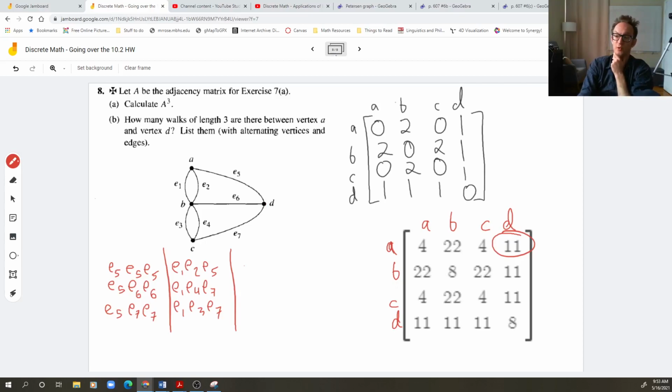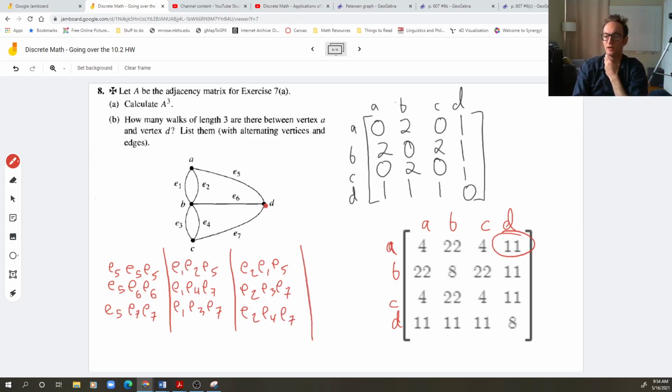Well, I can repeat that all over again, right? I can do E2, E1, E5, or I can do E2, E3, E7, or I can do E2, E4, E7. But there are apparently 2 more. What are they? Am I just being dumb?